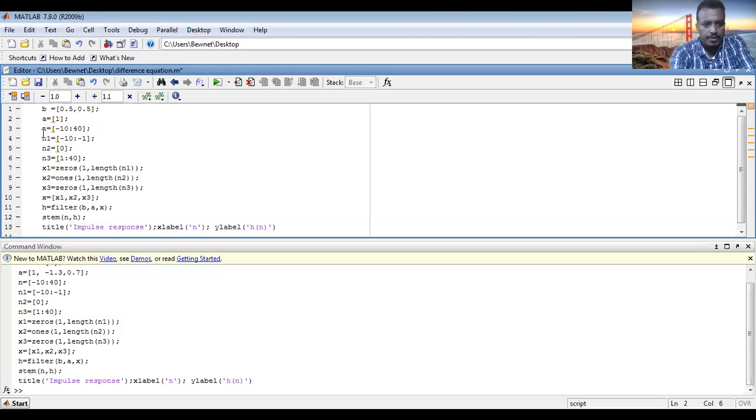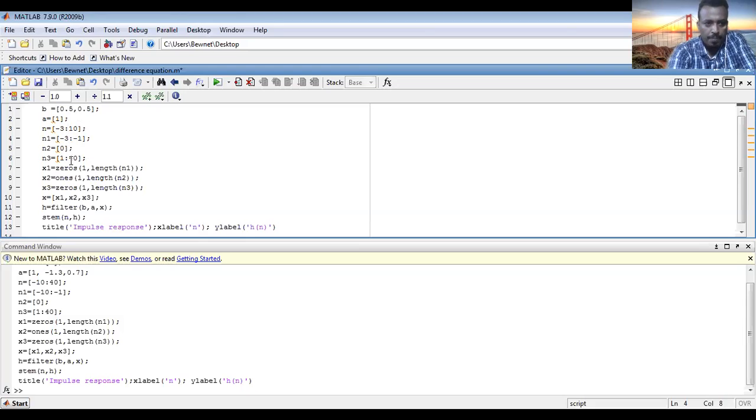Now let me arrange the time range. Let's see from -3 up to 10 only. So this will be from -3 up to -1.